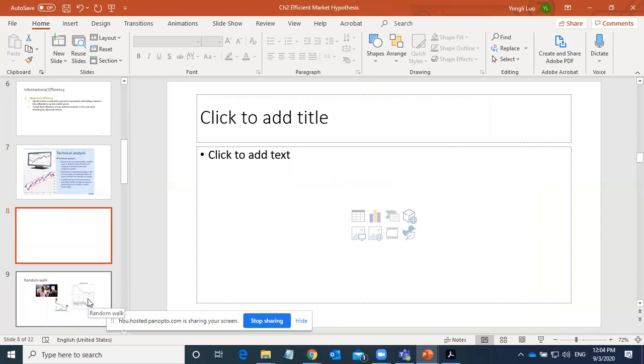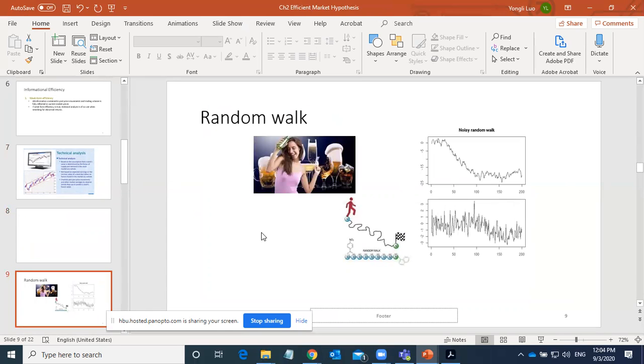So what does the stock price really look like? This is called a random walk. Think about it, you drink a lot of beer and then you get drunk, so you don't know where you're going to go, right? Basically, the stock price is a random walk.